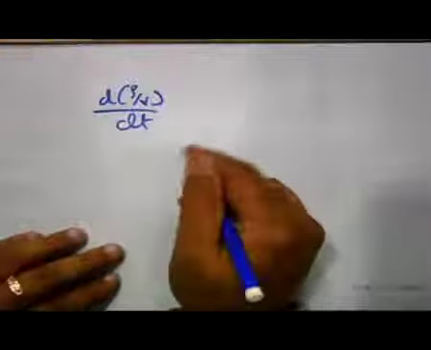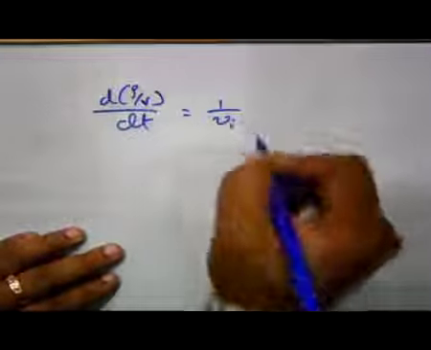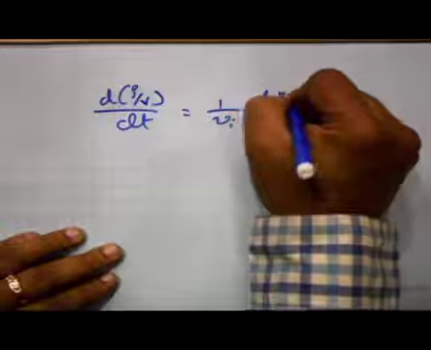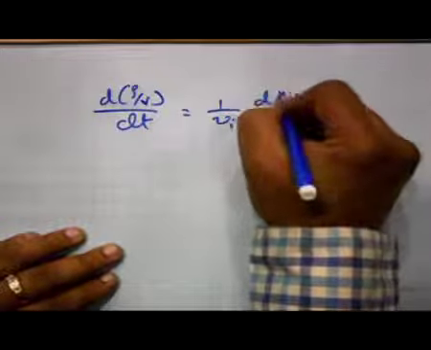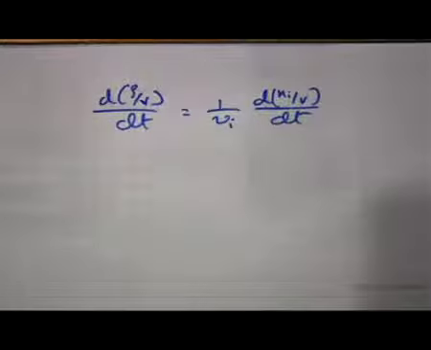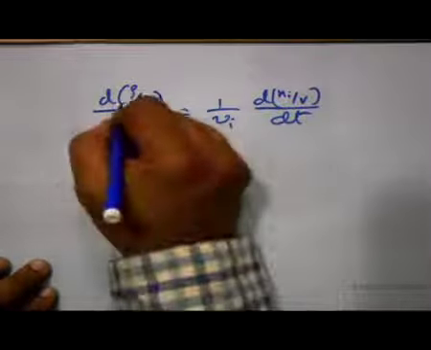I have gotten 1 by V inside, and this is equal to 1 by νi, then d(Ni/V)/dt. By doing this simple assumption, which is mostly valid for most of the reactions, that you are doing reactions at constant volume. What about Ni by V?